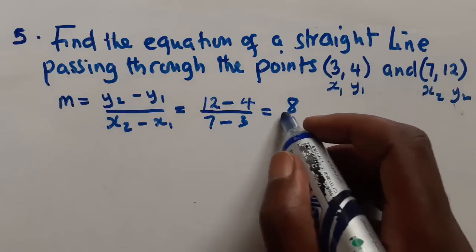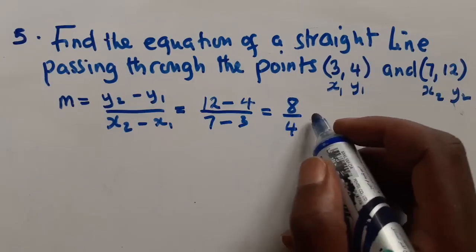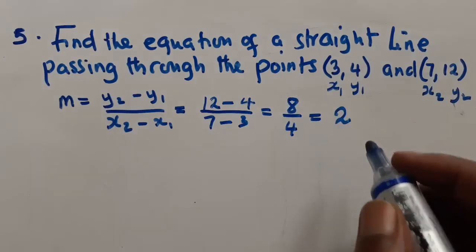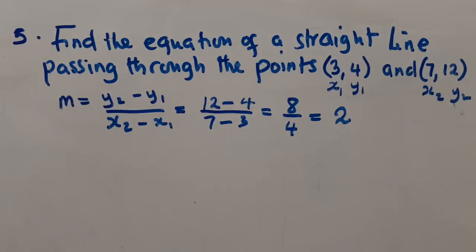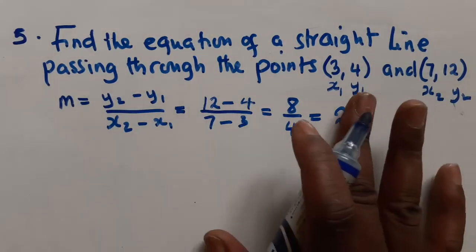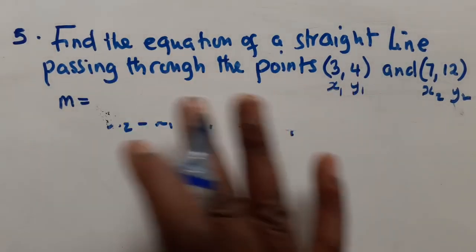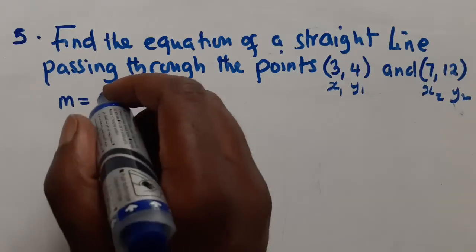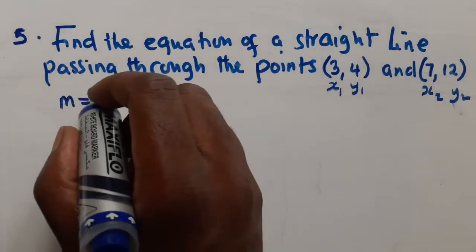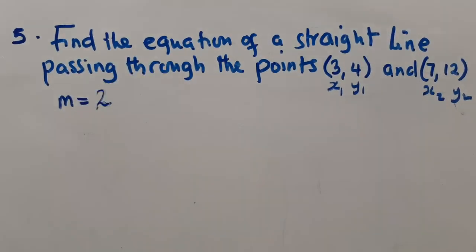We're going to get 8 over 4. Then we'll get 2. So our gradient is 2. I hope you have seen that.